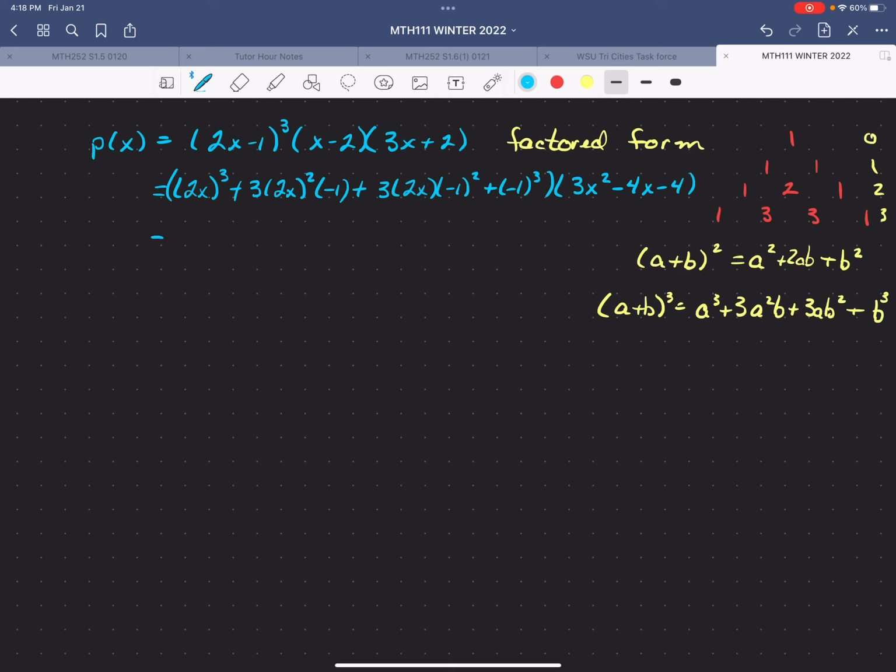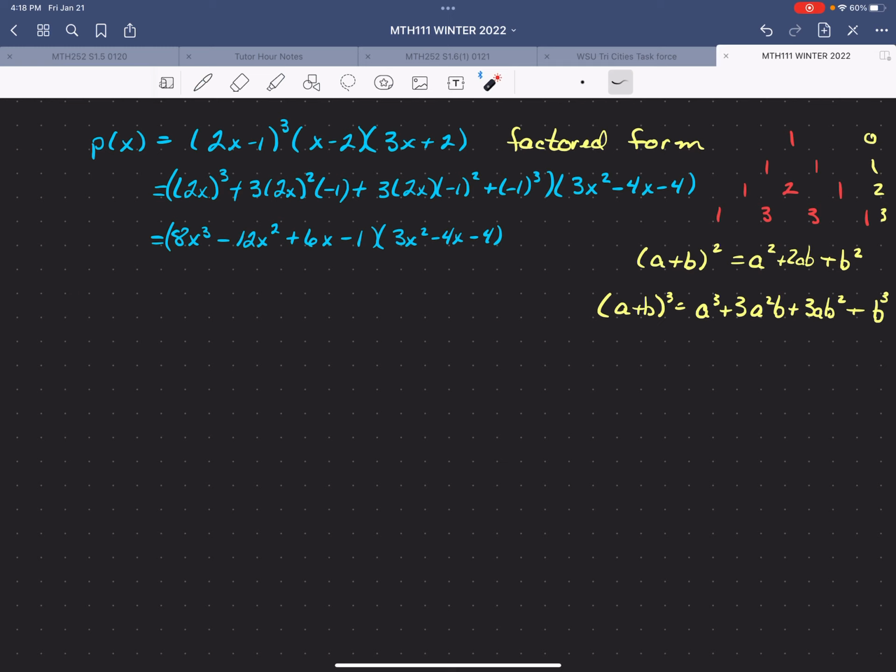Okay, now simplifying this first bit, that's 8x to the third minus 12x squared plus 6x minus 1, all multiplied by 3x squared minus 4x minus 4.